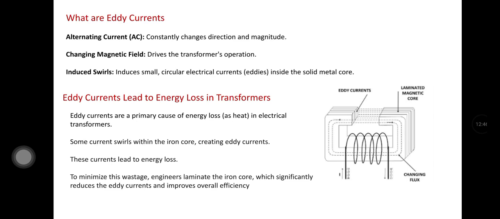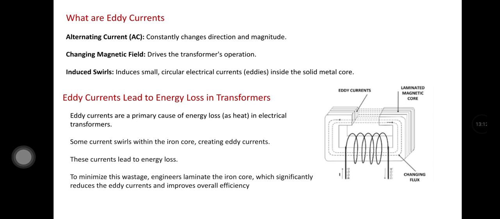If you see this diagram, it is mentioned eddy currents inside the solid metal core. So the eddy current leads to energy loss in the transformer. The eddy currents are the primary cause of energy loss as heat in an electrical transformer.